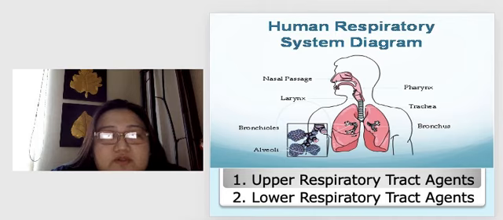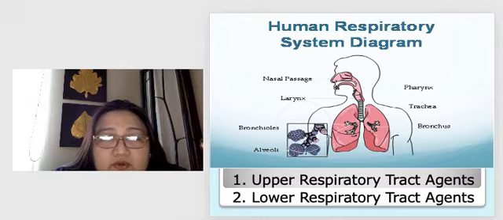Of course, yung respiratory system natin is a tract which begins from the nose or mouth down to the pharynx, larynx, and trachea. And then sa lower respiratory tract, meron naman tayong main bronchi, the bronchioles, and the alveoli, which is actually the part ng ating lungs.